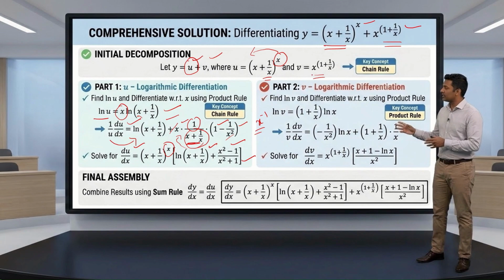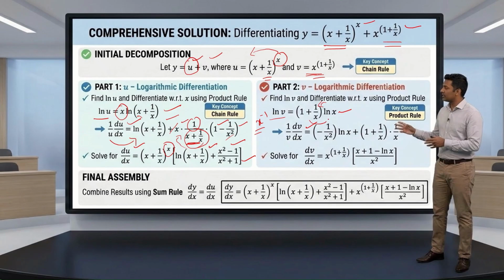In the same way I am going to differentiate this one, v. Same, a function to the power of another function, so take a log on both sides. Log v is equal to (1 plus 1 by x) times log x. I am going to differentiate this. Differentiation of log v is 1 by v times dv by dx.